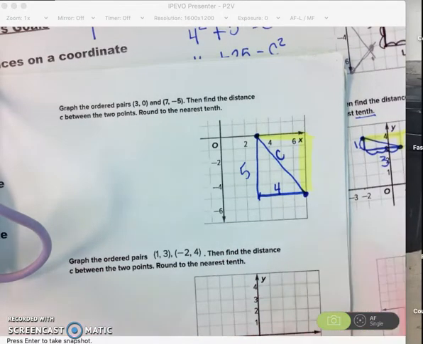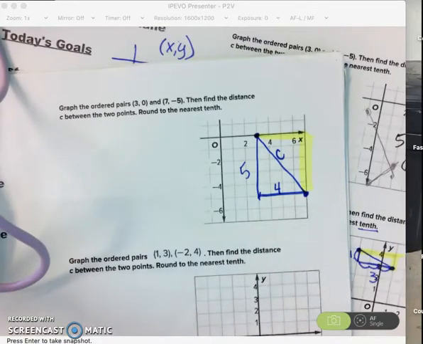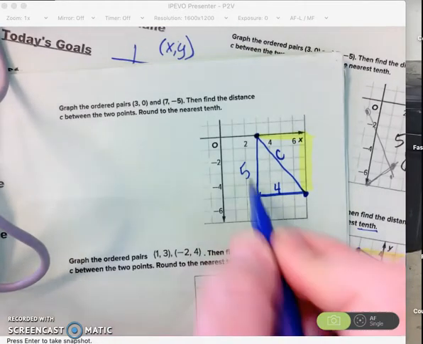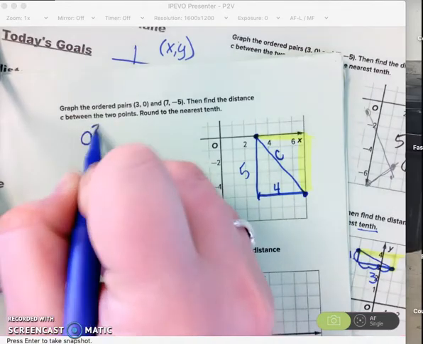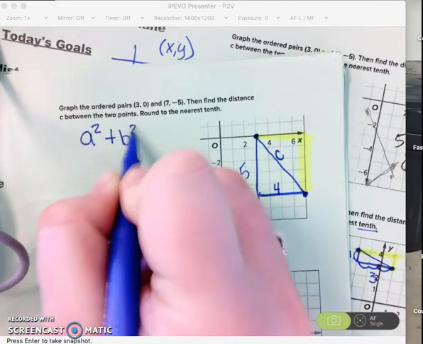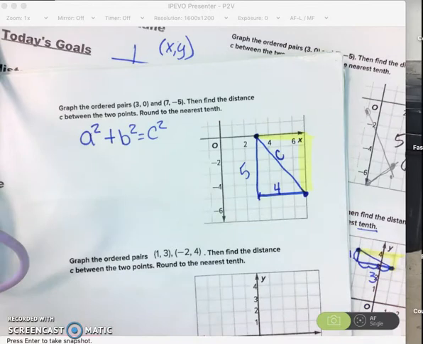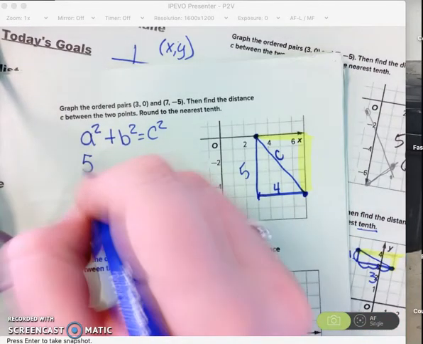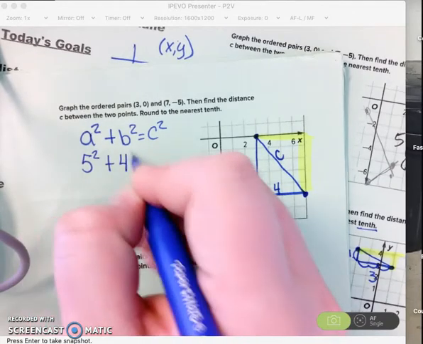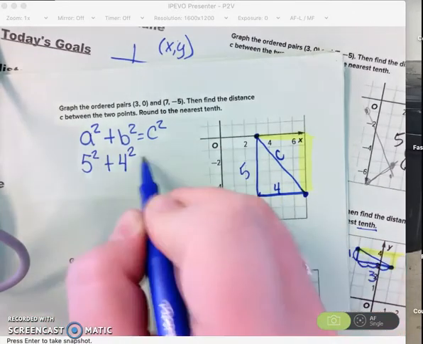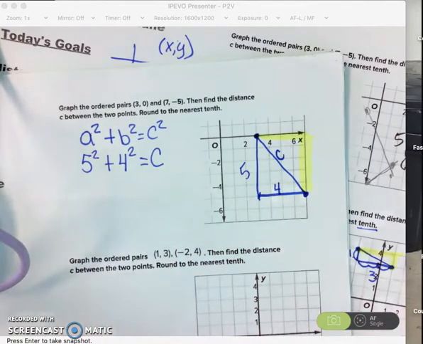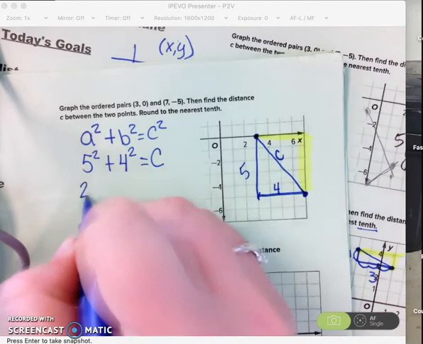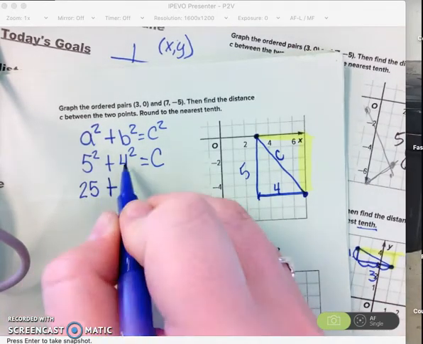All right, so then I'm going to plug them into the Pythagorean theorem. The legs being A and B. So a squared plus b squared equals c squared. A can be 5. B can be 4. We have to remember order of operations. We want to square our numbers first. So 5 squared is actually 5 times 5, which is 25. 4 times 4 is 16.